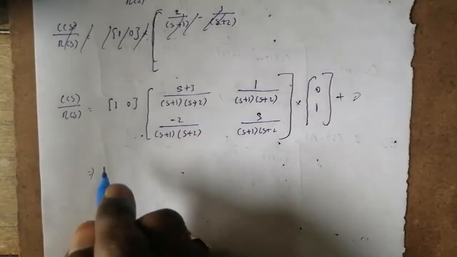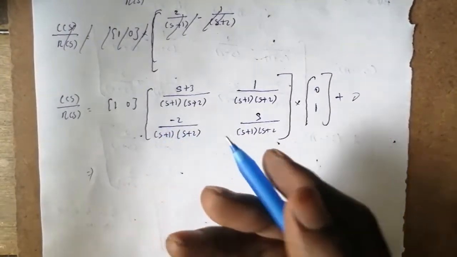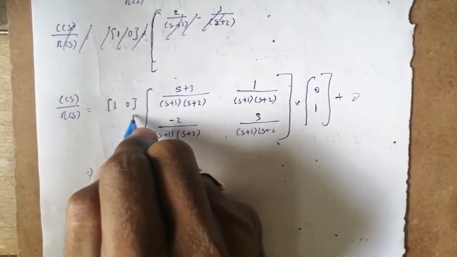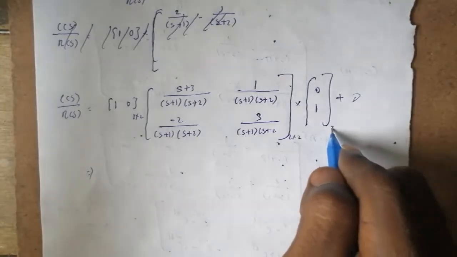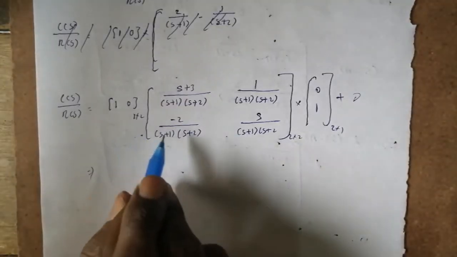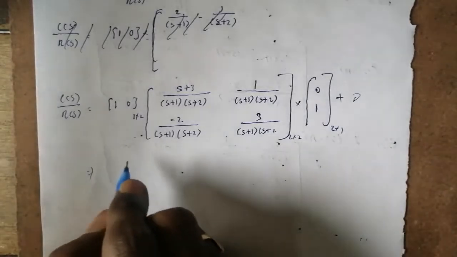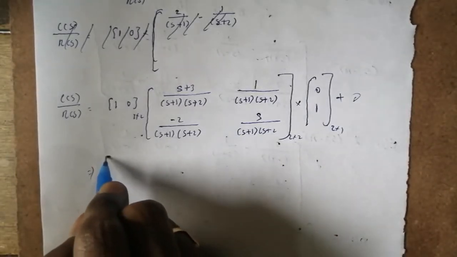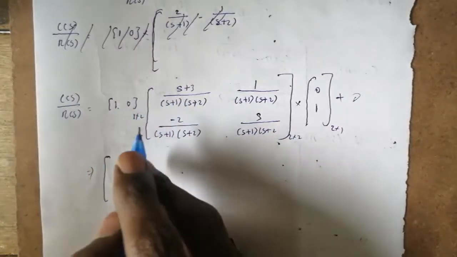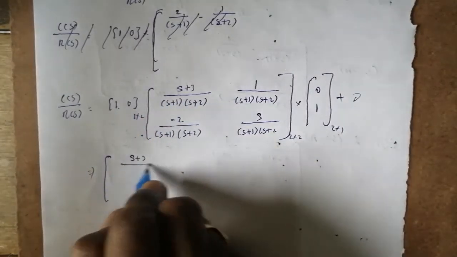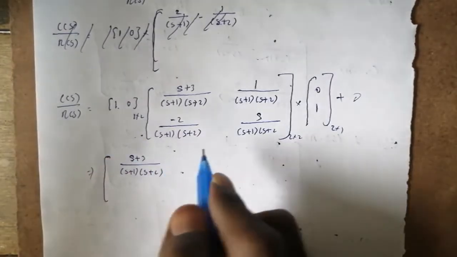Now let me see what you will get if you multiply these matrices. This is a 1 by 2 matrix, a 2 by 2 matrix, and a 2 by 1 matrix. If you multiply these, you will get a 1 by 1 matrix. The first one is 1 into (s plus 3) divided by (s plus 1)(s plus 2), and next one is 0, so no need to consider.